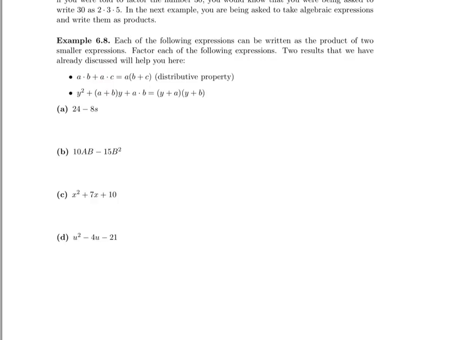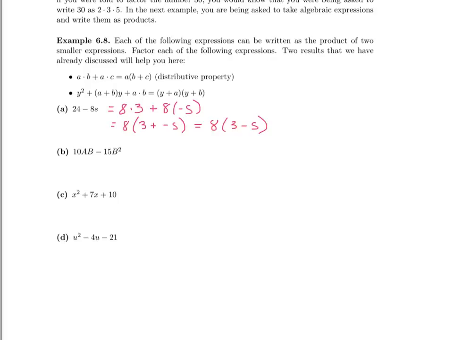So I'm going to rewrite this as 8 times 3 plus 8 times a negative s. So if I use the distributive property, I should be able to rewrite this as 8 times 3 plus a negative s, which we would normally write as 8 times 3 minus s.